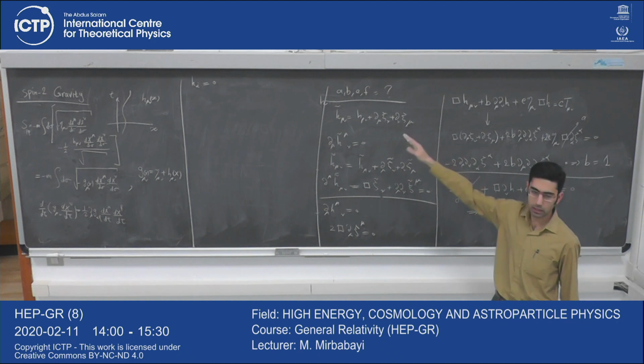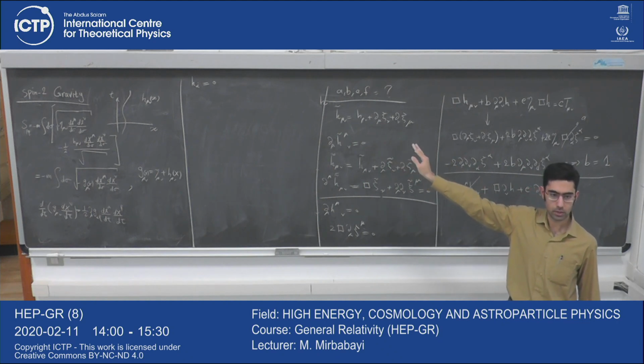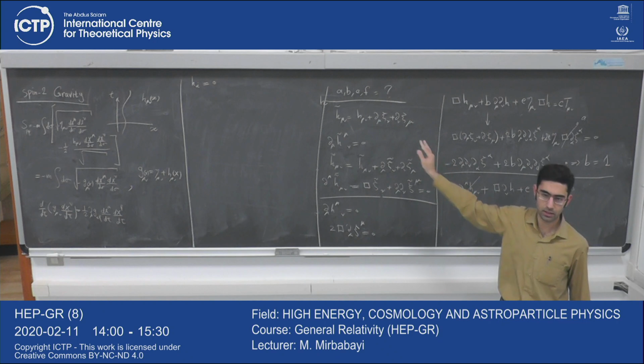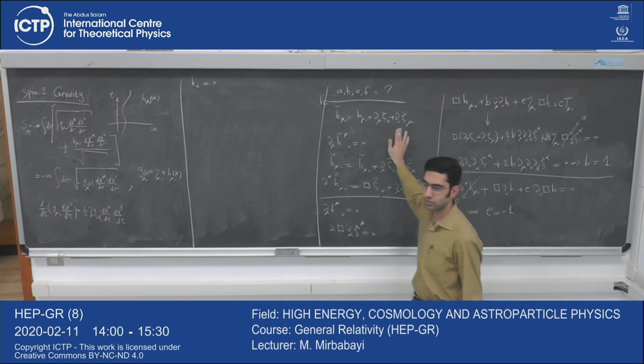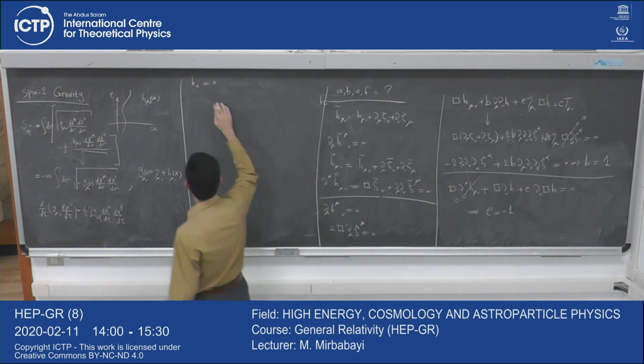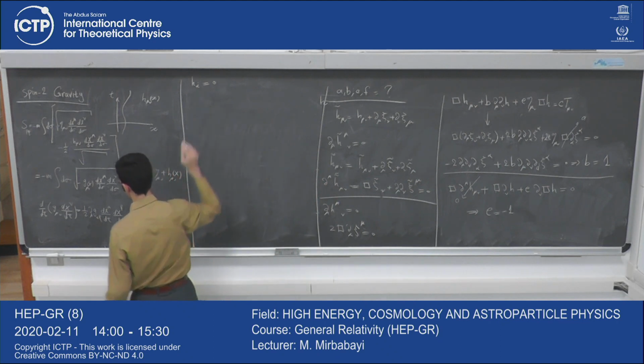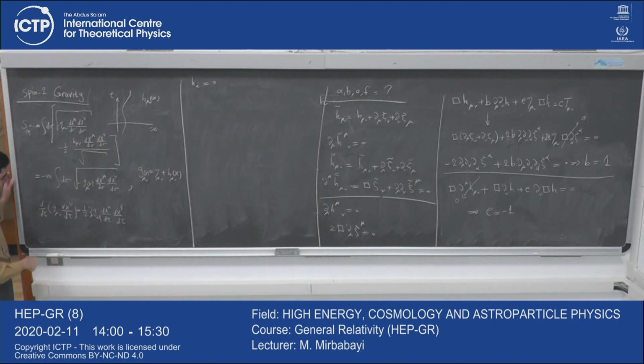And you see that I have enough freedom to do that, because that is 3 conditions and I have 4 free ξ. So I impose that condition and I consider the μ equals i component of this equation. There are no off-diagonal terms in this metric because of that condition.